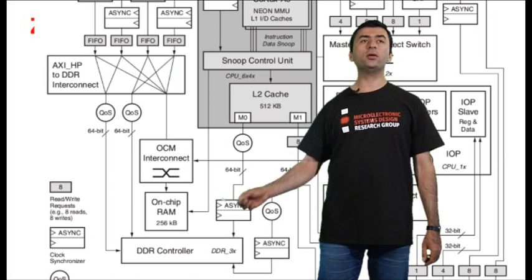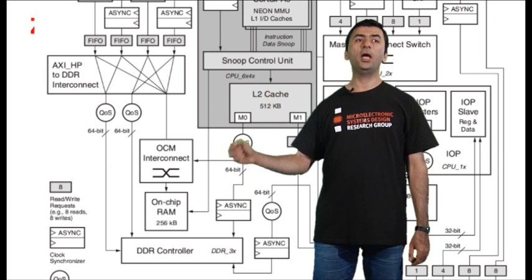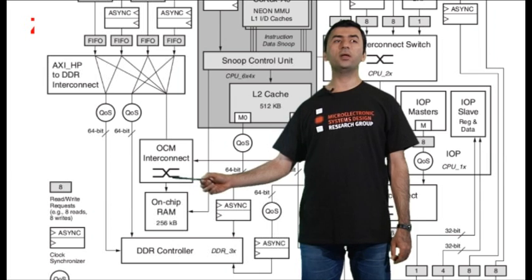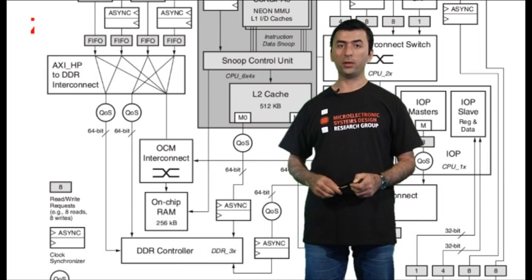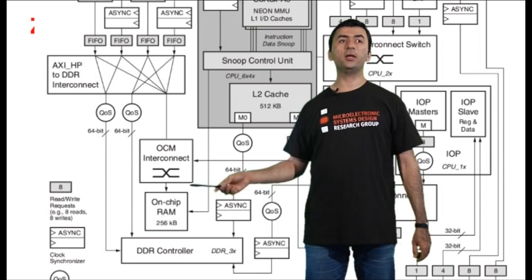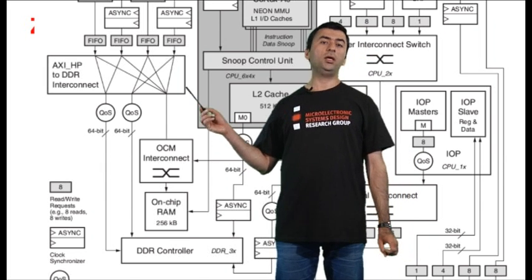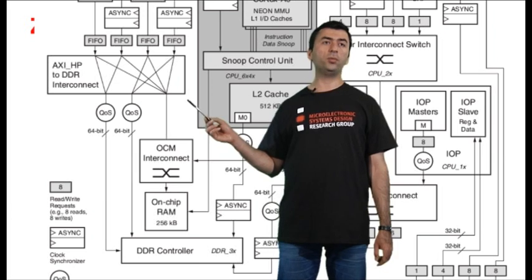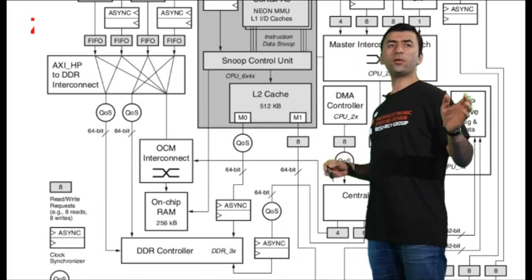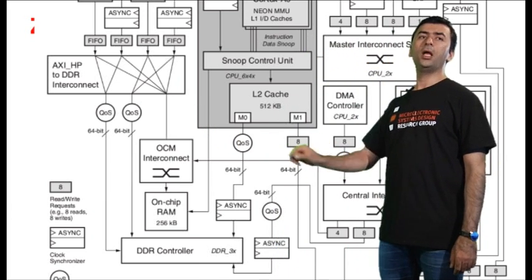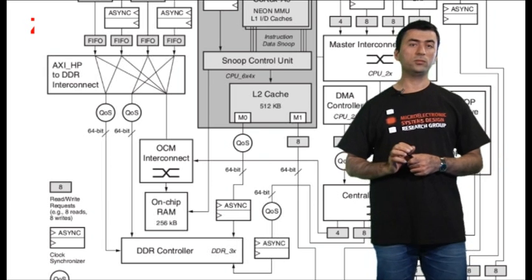One port is directly connected to the Snoop control unit, and another port is connected to the OCM interconnect. And the OCM interconnect, as I described to you, can be driven by each of the HP0 to HP3 ports, and also the rest of the components which are available inside the ZYNQ PS.